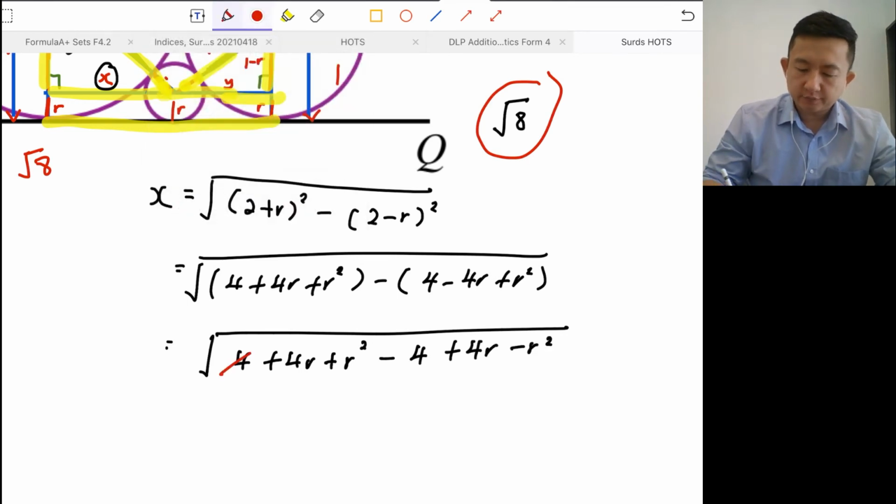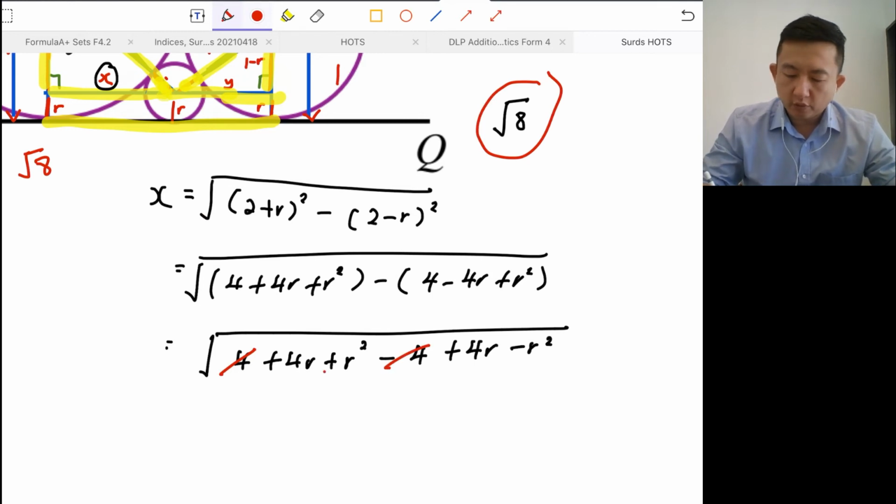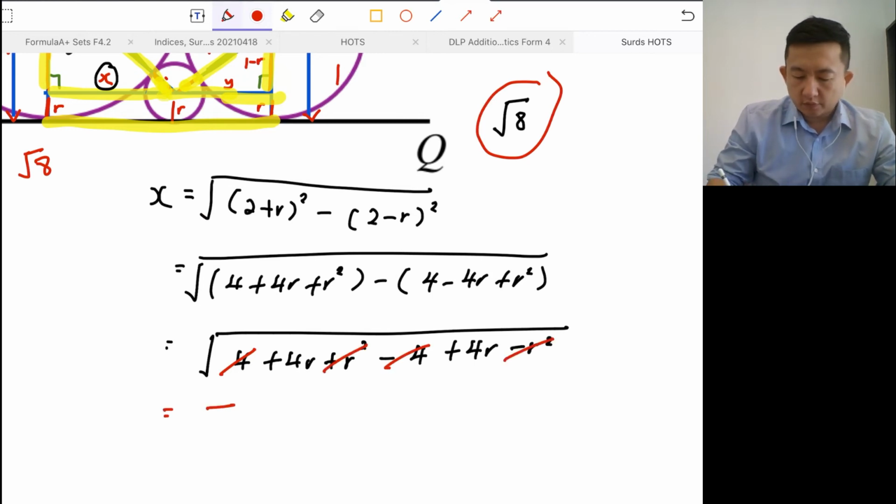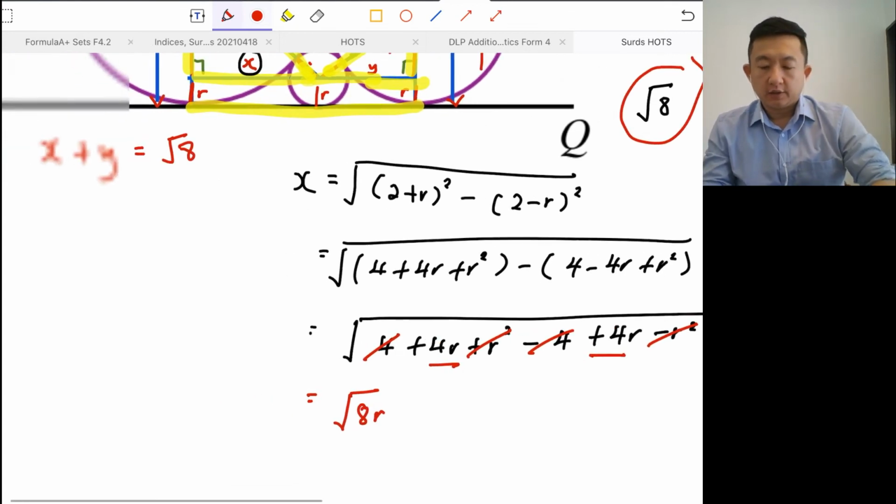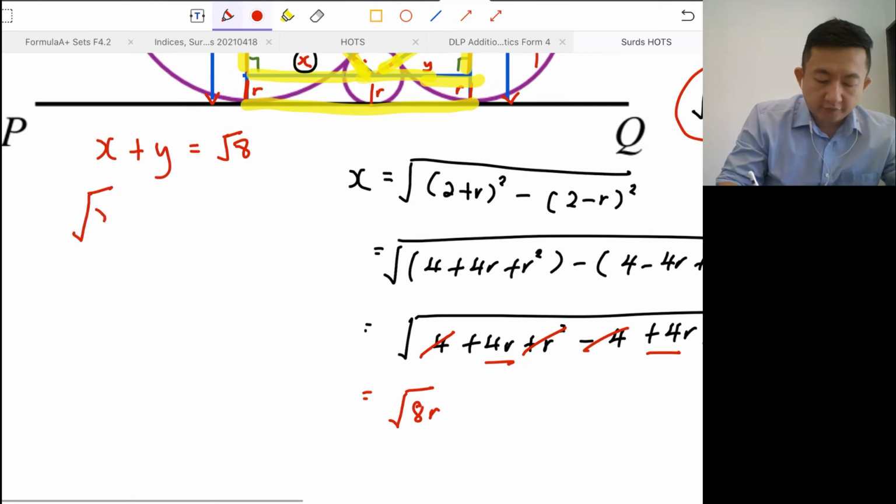Simplify it. 4 minus 4, no more. 4R plus 4R, you have 8R. You can replace X with root 8R.